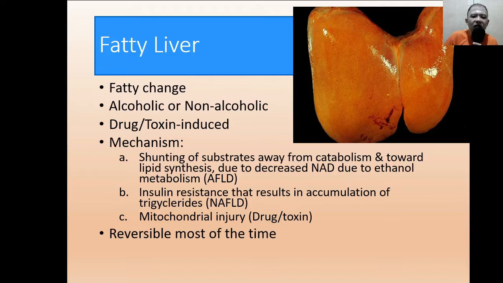And next, for non-alcoholic fatty liver disease, it's secondary to insulin resistance. Okay, and when it's a drug or toxin injury, it is injury in the mitochondria. Okay, fatty liver is reversible most of the time, but it can also be irreversible.